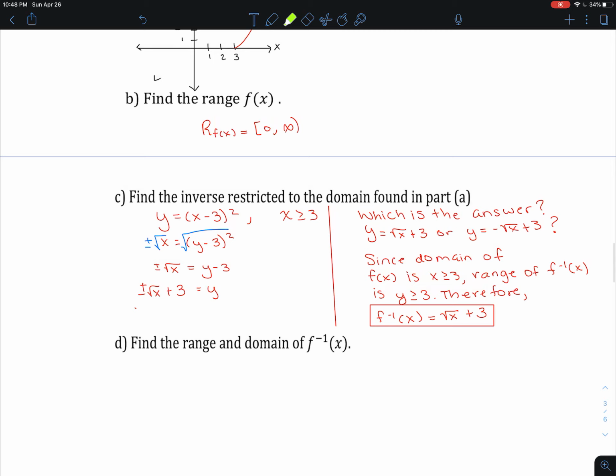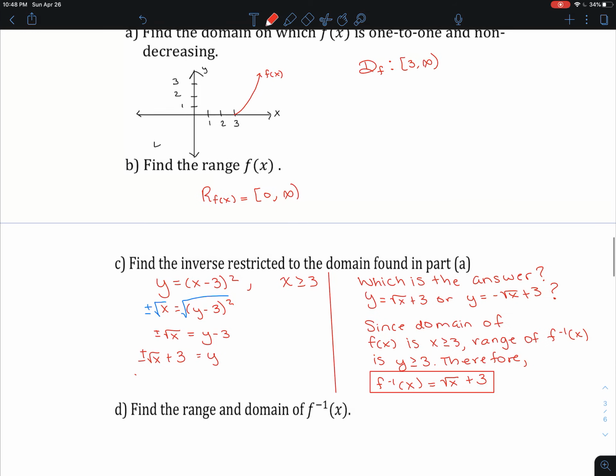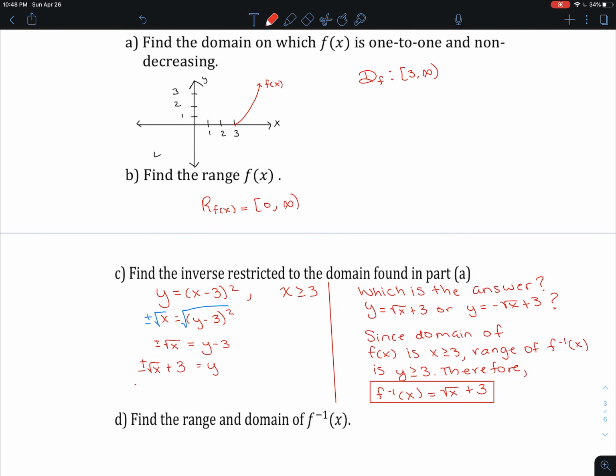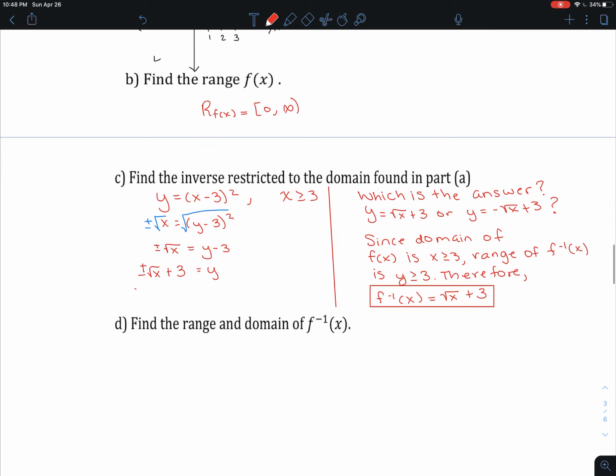Okay, next, we want to find the range and domain of f inverse of x. Well, I can do this by just switching the domain and range of f. So from parts A and B, as you can see, the domain of f was 3 to infinity, right? And the range of f was 0 to infinity, okay?